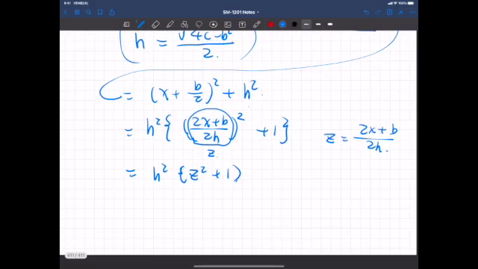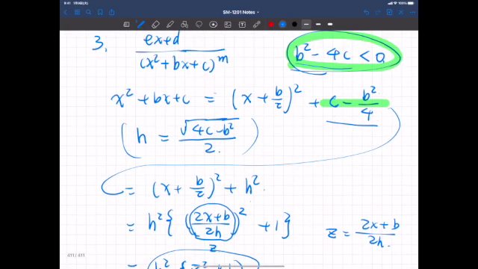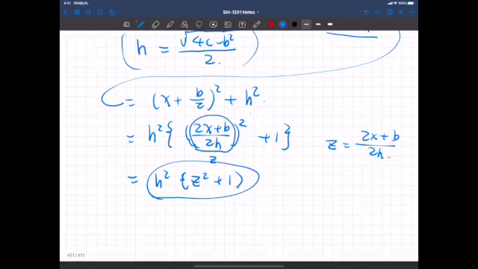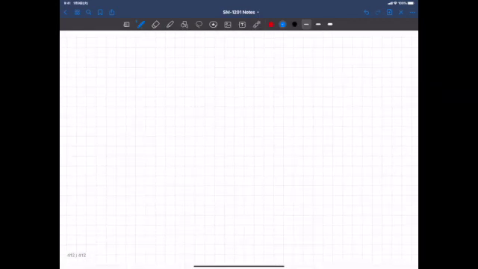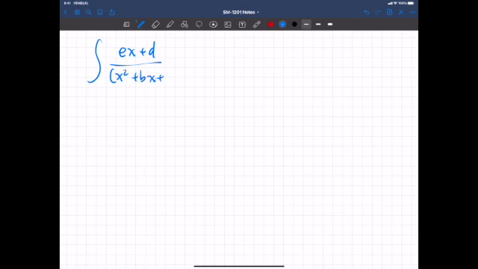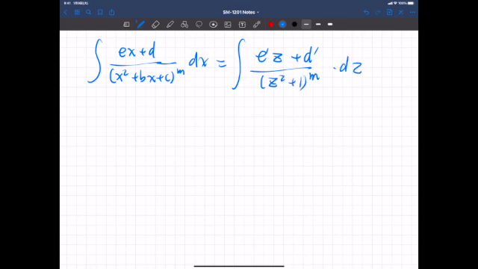So if we substitute this into here, we have the integral of (ex plus d) over (x squared plus bx plus c) to the power of m dx becomes this integral, (e prime z plus d prime) over (z squared plus 1) to the power of m dz, where this e prime and d prime are the following.